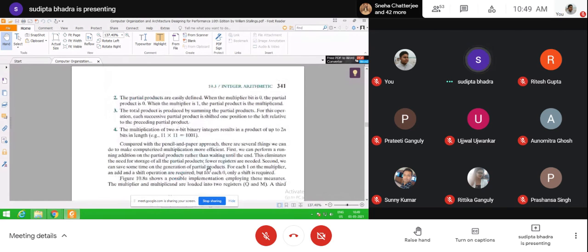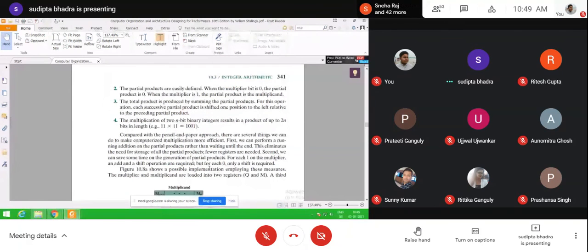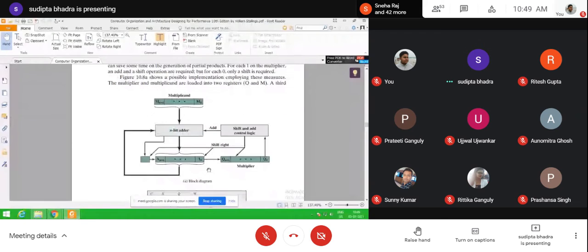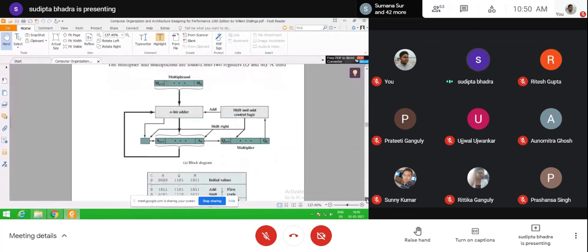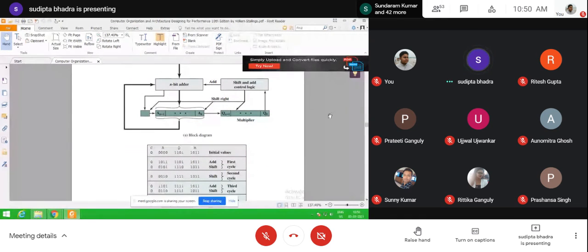Now, the block diagram for multiplication: normal multiplication can be done in a much simpler form by addition and shifting operations. How will it work?